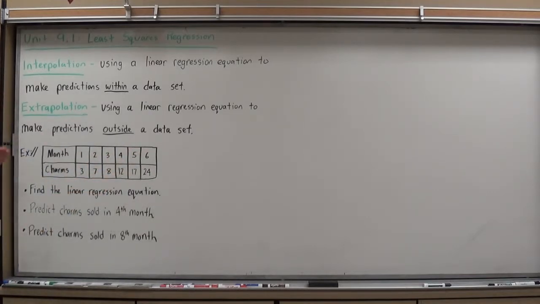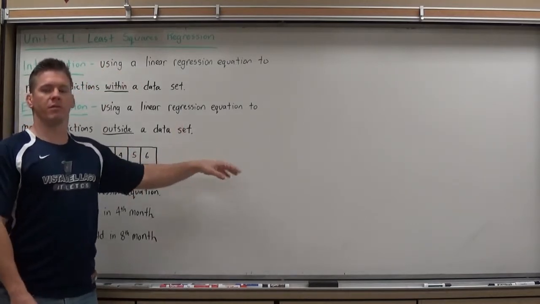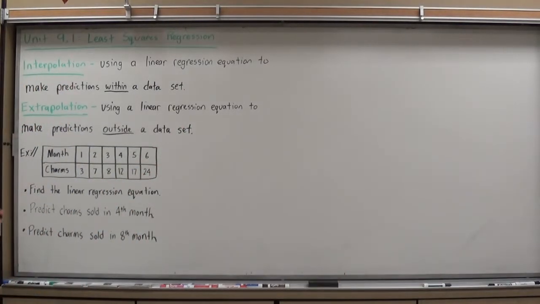When I then try to use that linear regression equation to make predictions outside of the data set, so in other words, I want to start to look into the future where I don't know any data values, say 10 months, 11 months, 12 months, then I'm doing extrapolation. I'm looking for answers outside of it.